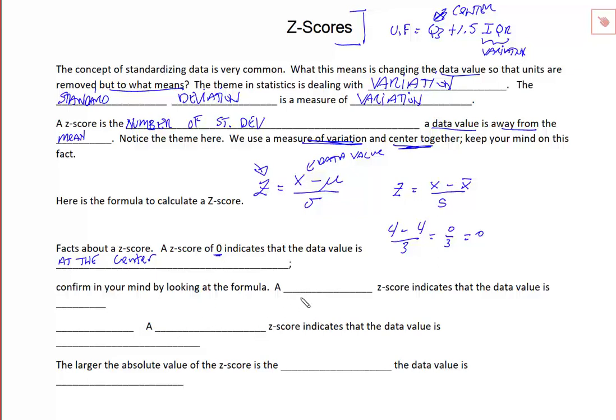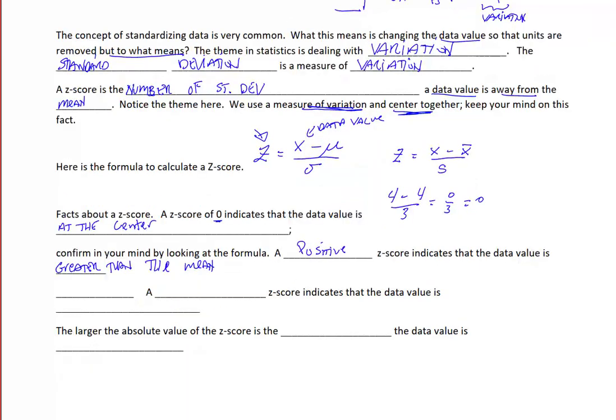Now, what happens if you're positive? If you look at a positive z-score, it indicates that the data value is to the right, greater than the mean. And then a negative z-score indicates that the data value is below the mean.